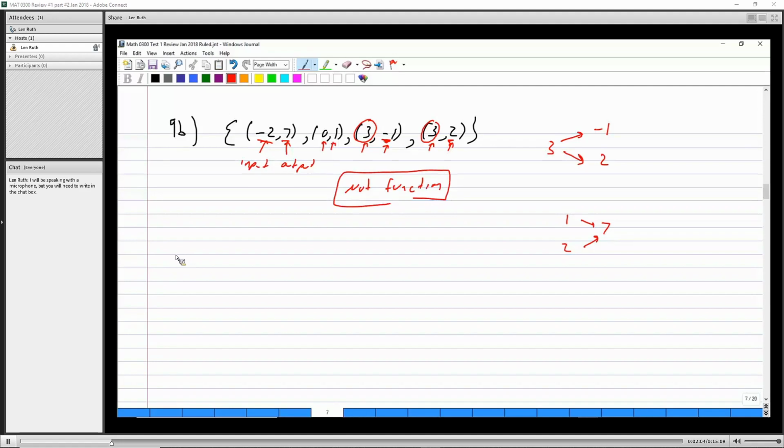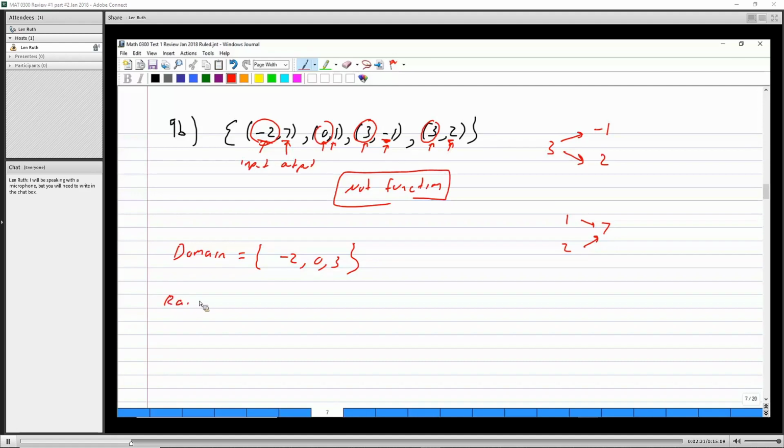And then the other is domain. That's fairly easy. That's the set of inputs, which means it's the set of the first numbers. So you just look at all the first numbers. So you have a -2, you have a 0, you have a 3, you have another 3, but with sets you don't put in repeats. It's not wrong, it's just not good form. So all the distinct inputs, all the distinct first numbers, that's the domain.